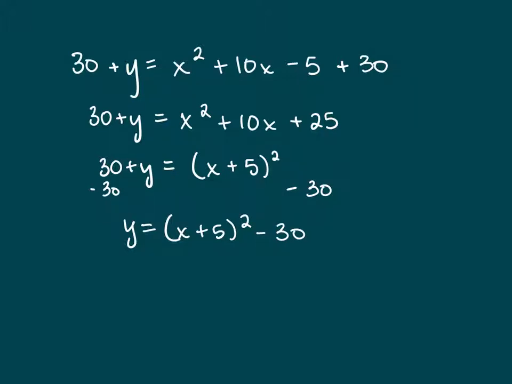Now, the reason that this is helpful is we're now in vertex form, a, h, k. So now all we have to do to find the vertex is do negative 5, negative 30. And that's it. So that is completing the square.